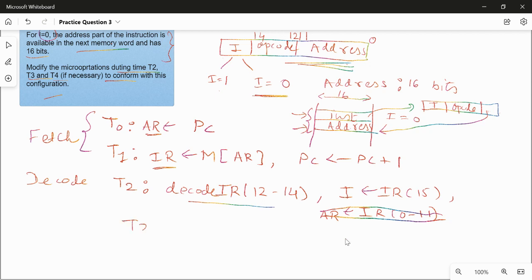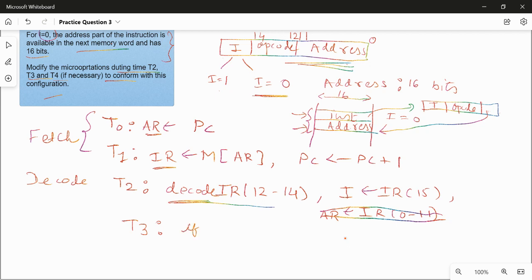So at time T3, the control will first identify the type of the instruction. The type of the instruction depends on the output of this decode process. That's why the control has to wait till T3. It has to let the control complete the decoding process to understand what is the output of the decoder.